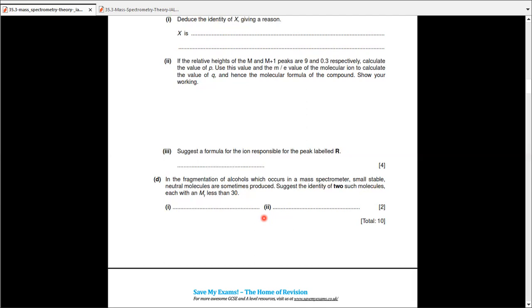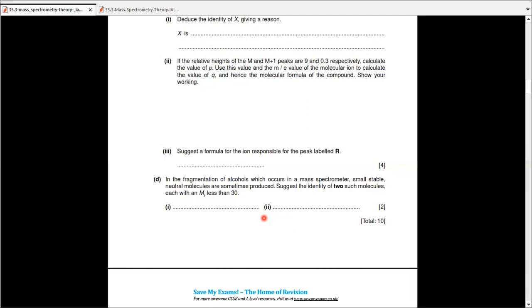D. In the fragmentation of alcohols which occurs in a mass spectrometer, small stable neutral molecules are sometimes produced. Suggest the identity of two such molecules, each with an Mr less than 30. CH3? No. They said alcohols. Small stable neutral molecules, keep that in mind. What do they mean by neutral?